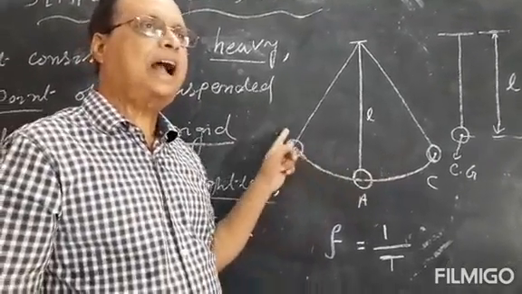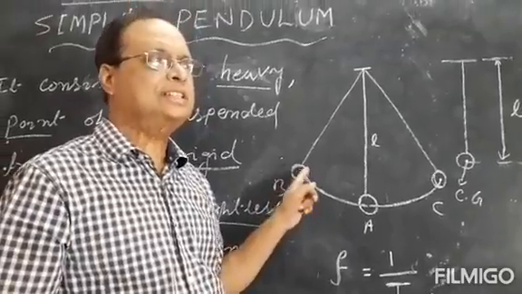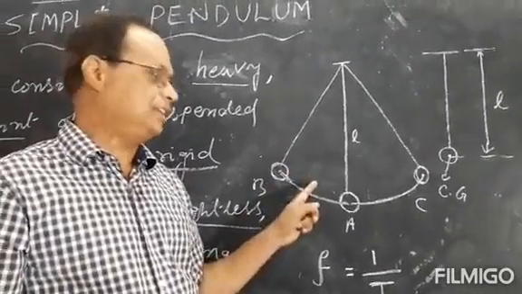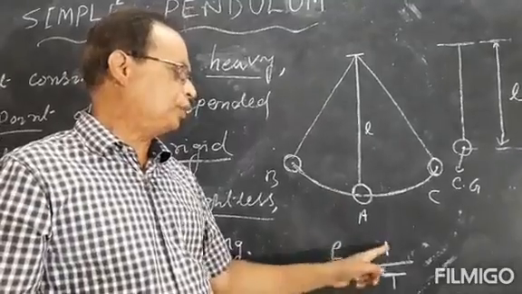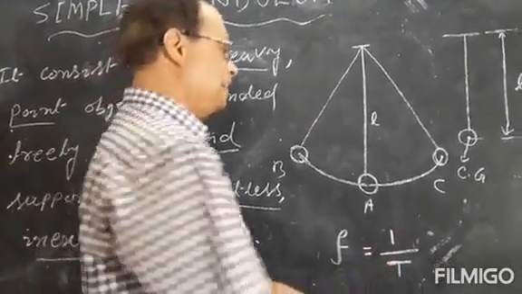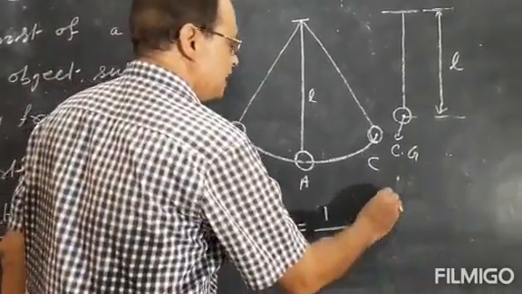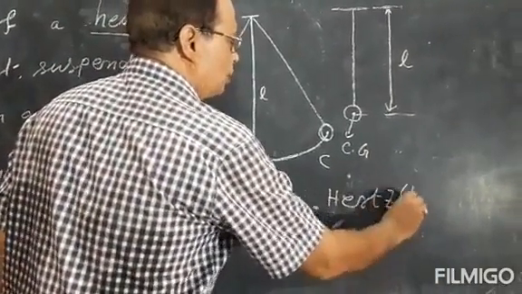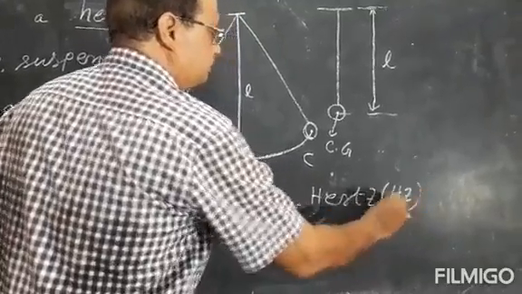How many complete oscillations is the pendulum making in 1 second? That is the frequency of oscillation. So frequency is equal to 1 by T, and the unit of frequency is hertz, H-E-R-T-Z. In short you can write Hz.